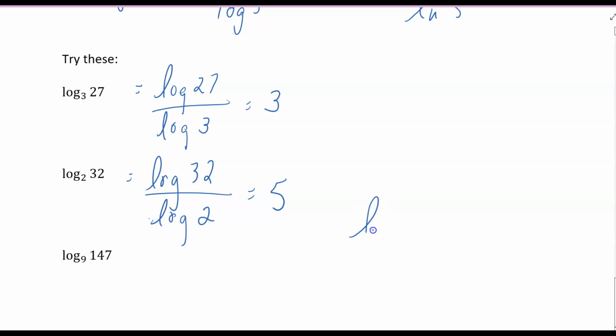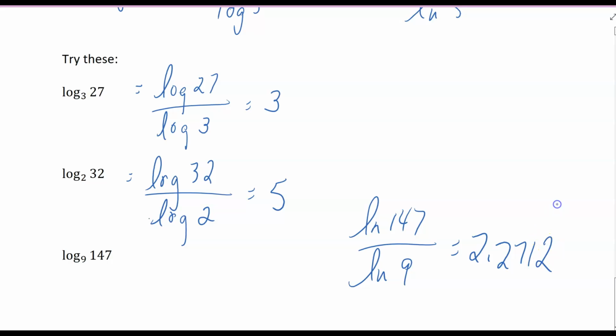I'm going to use the ln key instead. So, ln of 147 divided by the ln of 9. 2.2712. We'll take it that far. There is more, but we'll round it there.